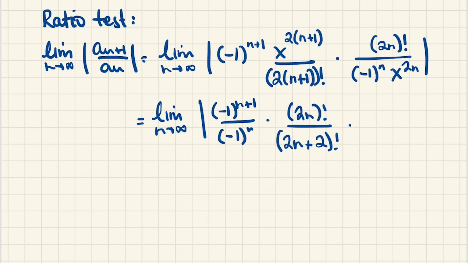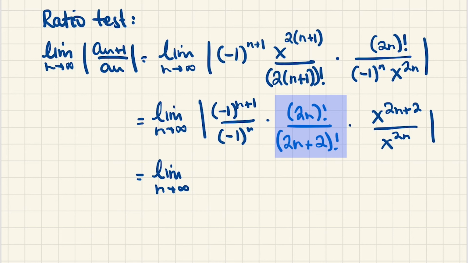And we also have x^(2n+2) over x^(2n). Okay, so the absolute values will collapse around simply the x's. The, of course, -1s, we can throw those away. So let's once and for all resolve this epic factorial battle.